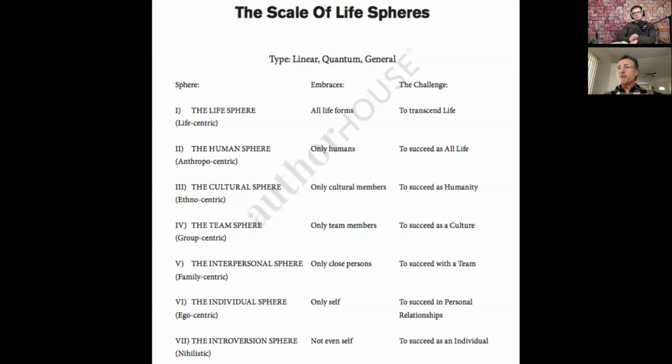They come in, they give him food, they put him in a bed, they give him his medication. That's his life. You know, he doesn't even embrace himself. Clearly, this person is introverted. In other words, he's not reaching out to any of these other 6 levels. He's looking inward. So this is what I would call nihilistic. This person is not connected to anything. He doesn't have a family. He doesn't even have a self.